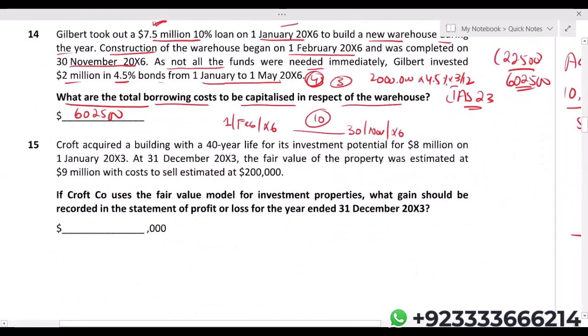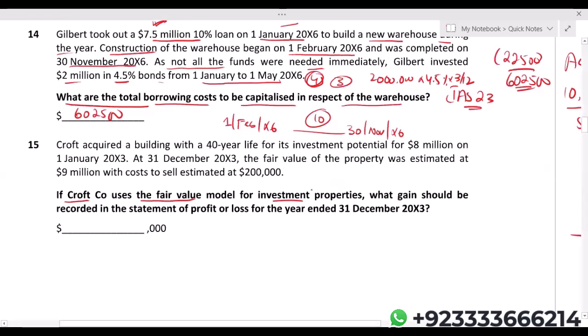Okay, now come here. If Croft Company uses the fair value model for investment property, we know that under the IAS 40 fair value model, number one, there's no depreciation.